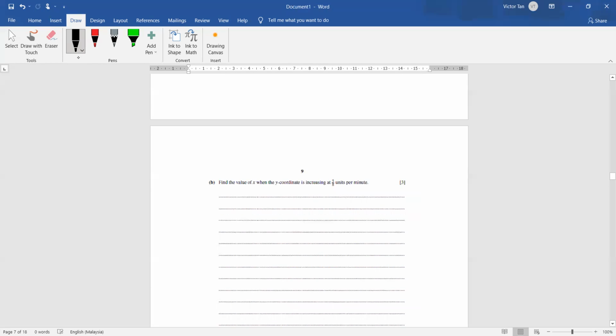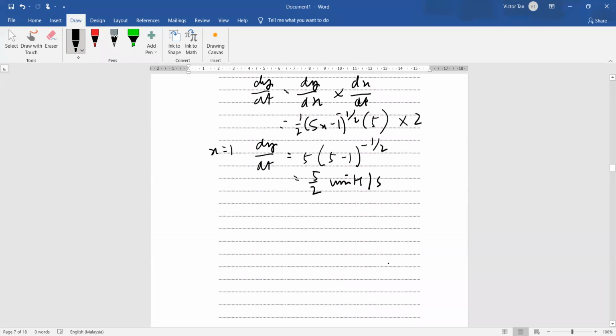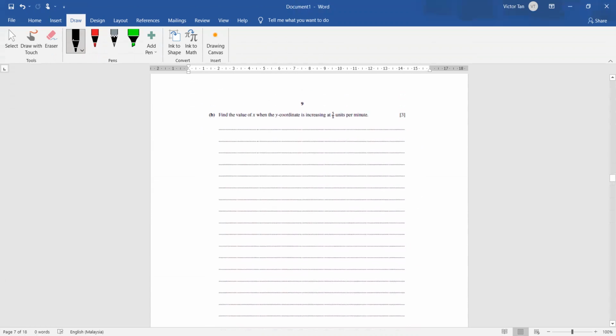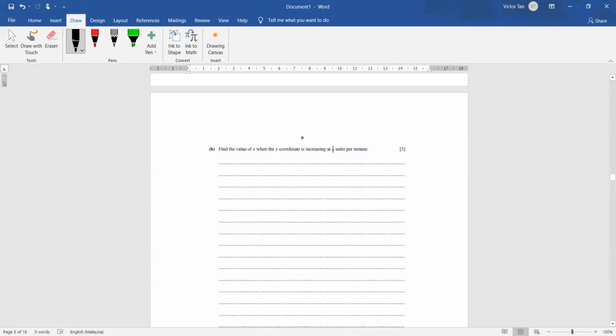Next, find the value of x when the y-coordinate is increasing at 5 over 8 units per minute. Sorry, this is not per second, this is per minute. So you're given dy over dt equals 5 over 8. Using the same thing, 5 over 8 equals half, 5x minus 1, to the power of minus half, times 2.